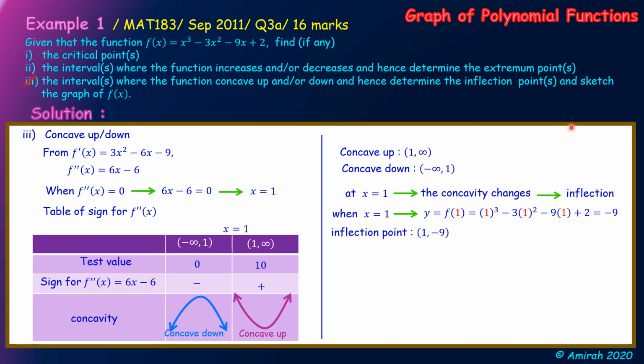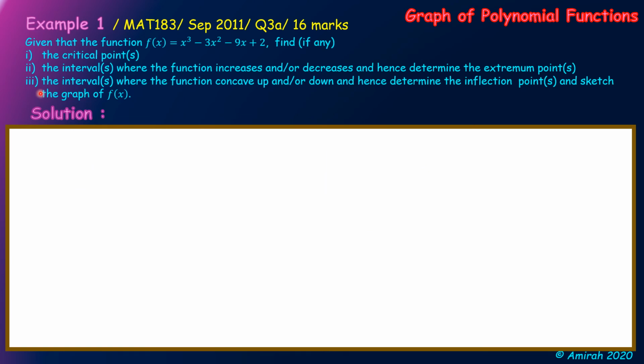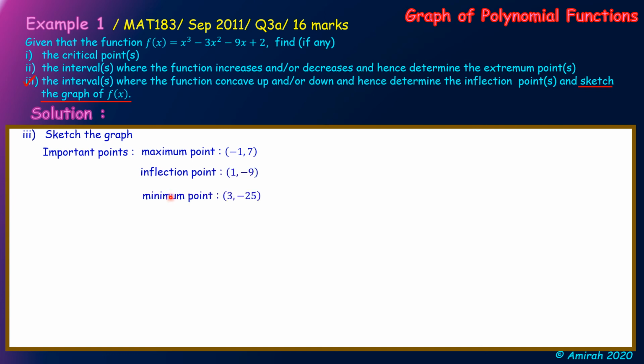After this, we need to sketch the graph of f(x). We continue with number 3: sketch the graph of f(x). To sketch the graph of f(x), we list down all the important points. The important points are the maximum point, inflection point, and minimum point. We list based on the ascending value of the x-axis.